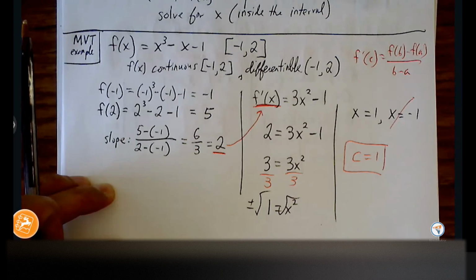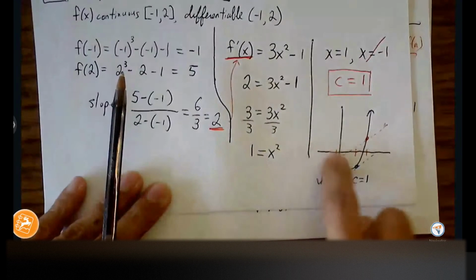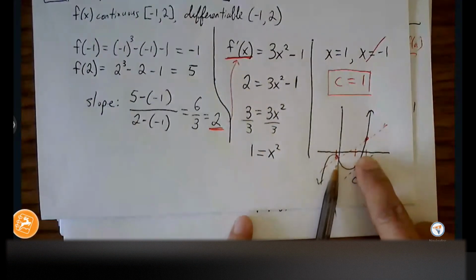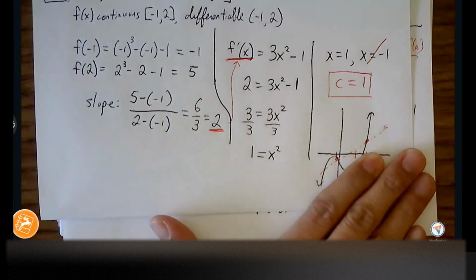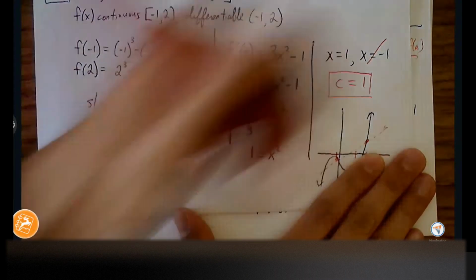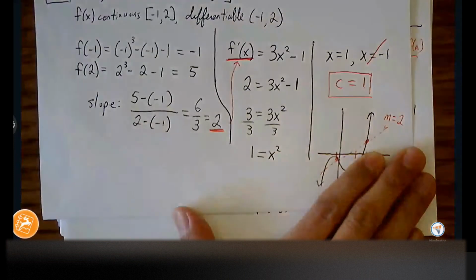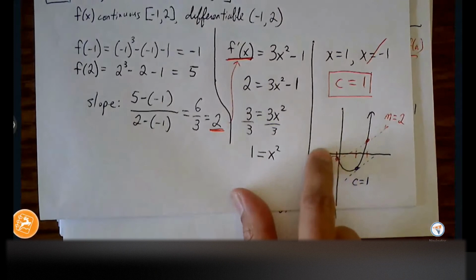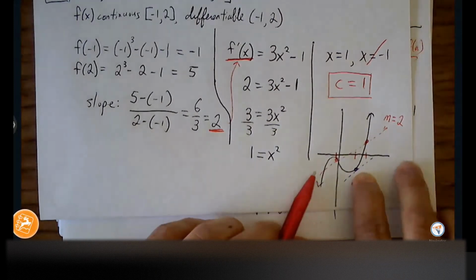I just want to show you visually what we achieved here. So this is what the graph looks like. Okay, we plugged -1 and 2 into the function. We found those endpoints. We found that the slope between those 2 endpoints was 2. So now, after we found that, we went searching using the derivative to help us find locations where a slope of 2 occurs.